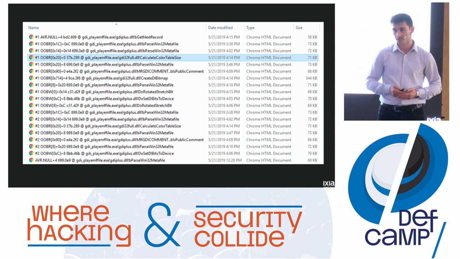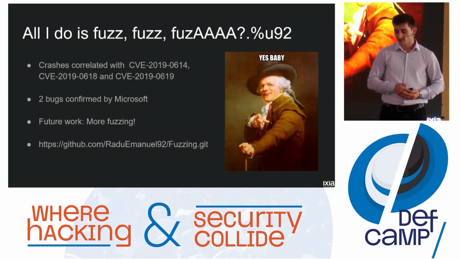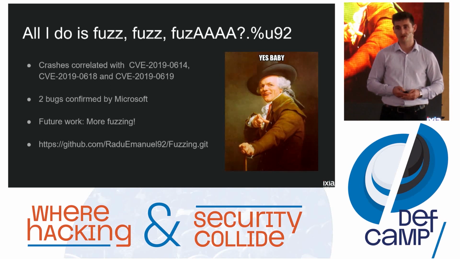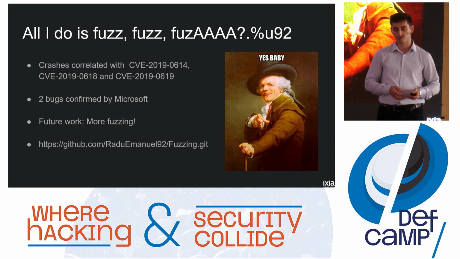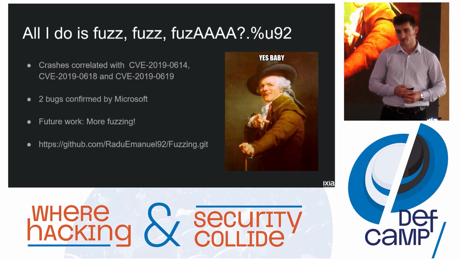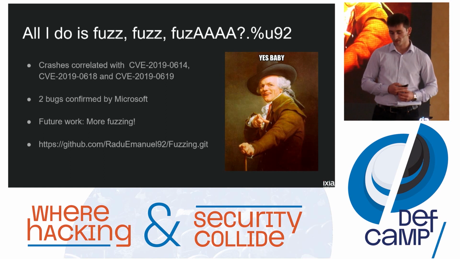And it turns out that some of the crashes were correlated with other CVEs as well, with other crashes. And there were 5 more crashes that I couldn't correlate with anything else. So I decided to send those crashes to Microsoft. And they assigned null pointer dereference bugs for those findings. 2 of them were valid.